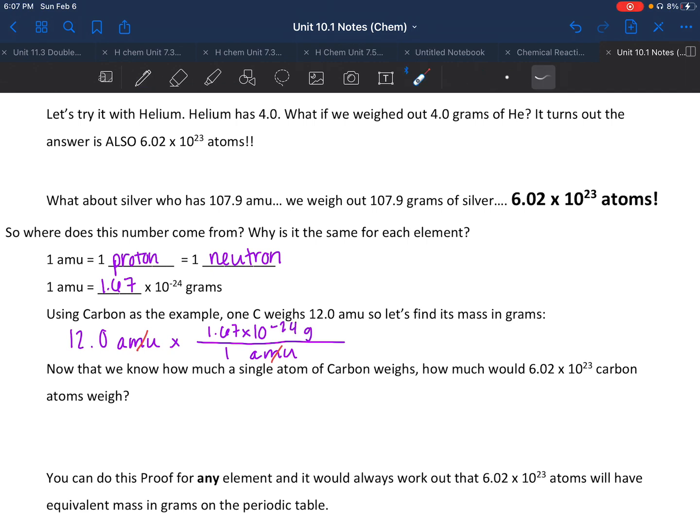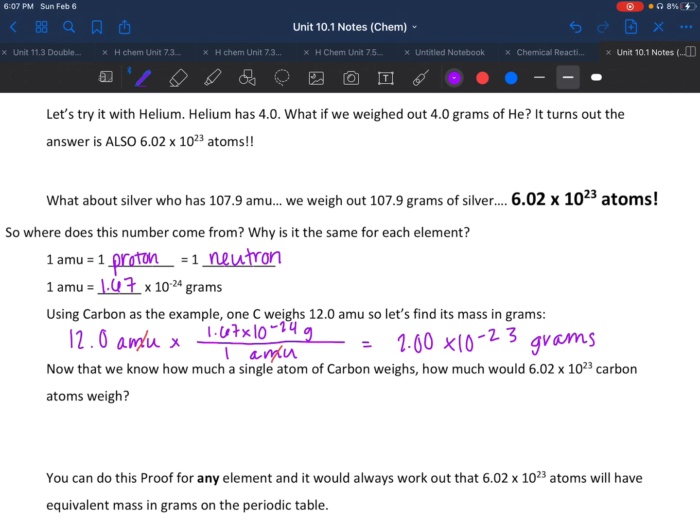So we're bringing back some conversion factors from unit 6 here. If I define a relationship, I can write it as a fraction with 1 on the bottom and 1 on the top. Doing this calculation, you would get 2.00 times 10 to the negative 23 grams. That is how much one atom of carbon weighs.